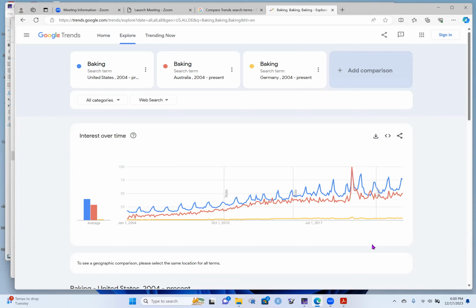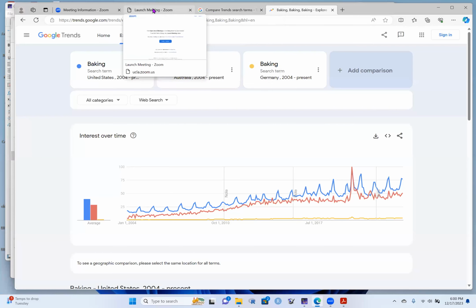Okay, so you could try other terms for your answer to exercise 1.1. The reason I'm doing this is because sometimes without instructions it's kind of hard to compare trends of the same term interest across countries.